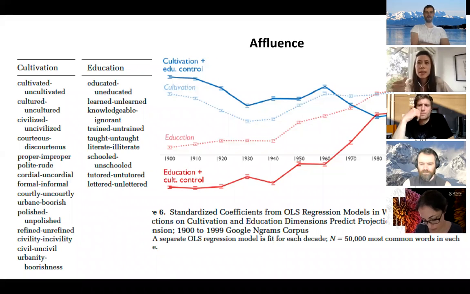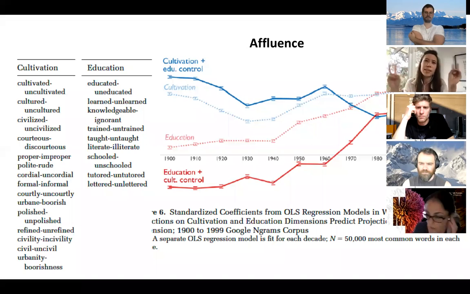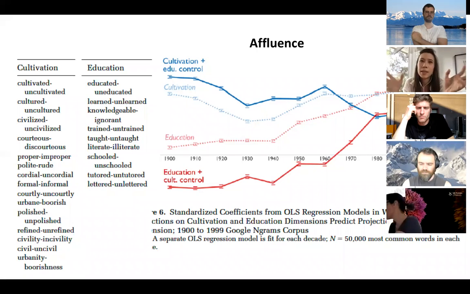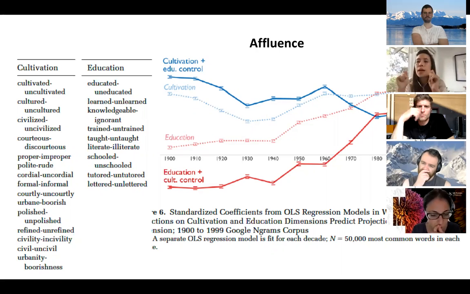The authors state that cultural capital scholars have long argued that education reproduces patterns of economic stratification by providing students with cultural knowledge and dispositions that exert signaling effects in the market. What this would mean in embedding terms is that words that project strongly onto the education dimension only have an association with affluence insofar as they also project strongly onto the cultivation dimension.